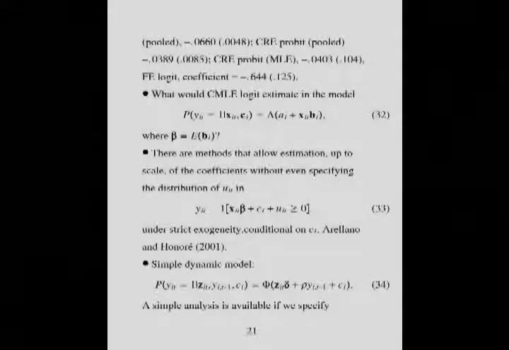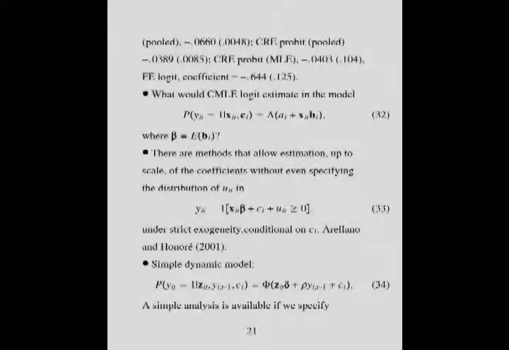It uses data from Chay and Hyslop on women's labor force participation, and the variable I focused on here, which of course is being assumed to be strictly exogenous, conditional on the heterogeneity, is the number of children. If you do a linear fixed effects analysis, you get that estimate at the bottom. That's the effect on the probability of being in the labor force of having one more child, controlling for unobserved heterogeneity. If you do pooled probit without accounting for the heterogeneity, you get a much larger effect.